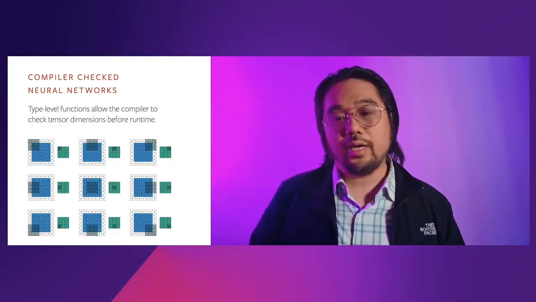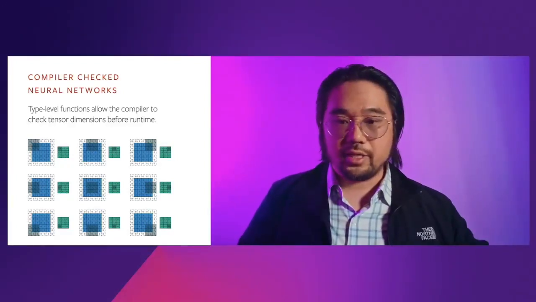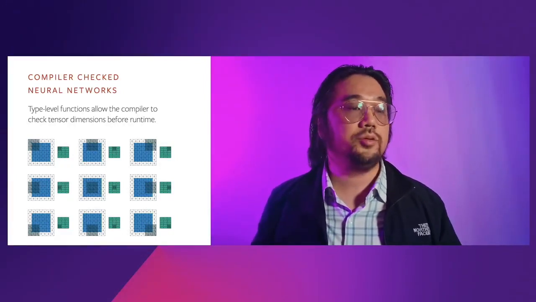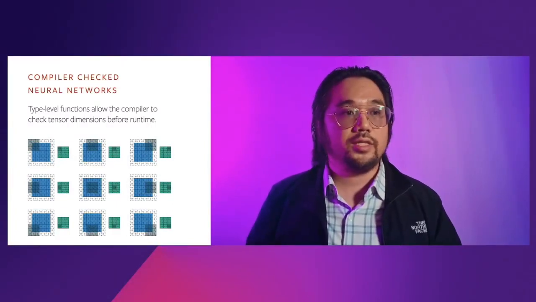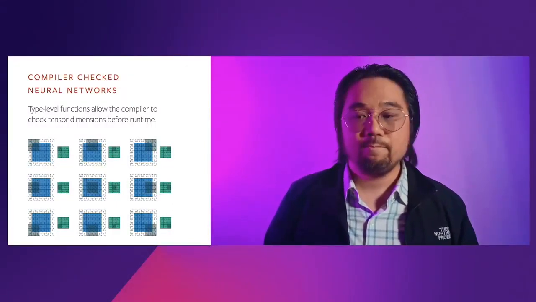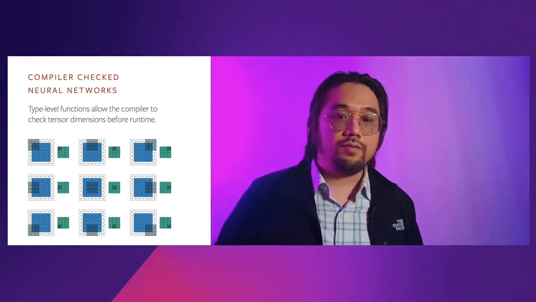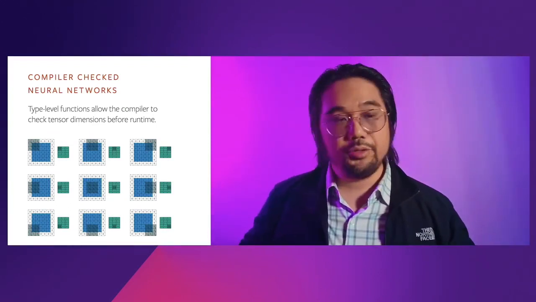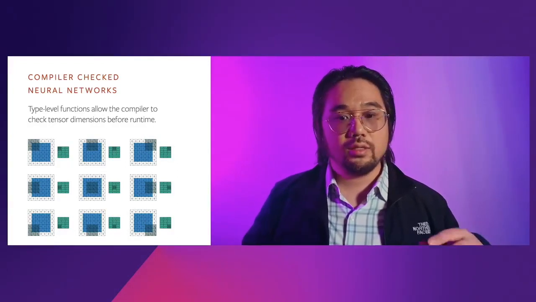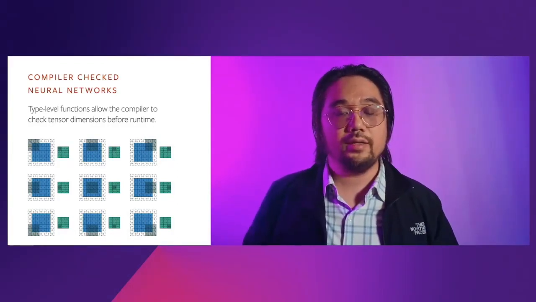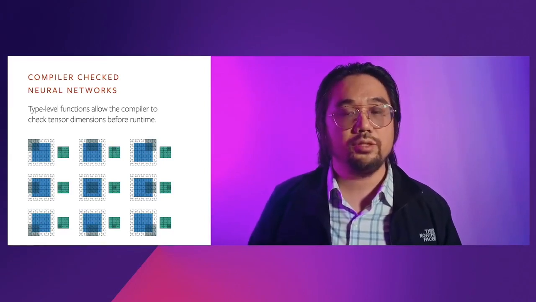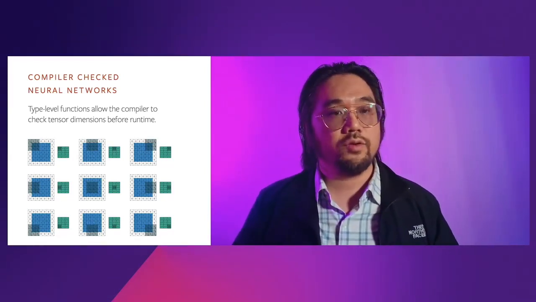On one hand, I don't want to hard code all of my tensor shapes as inputs and outputs. I wouldn't be able to reuse that code if I say change the data set. At the same time, if all I do is say that my neural network and each of the layers just has the generic tensor type as inputs and outputs, I'm not providing the type system much information to go on to check for correctness.